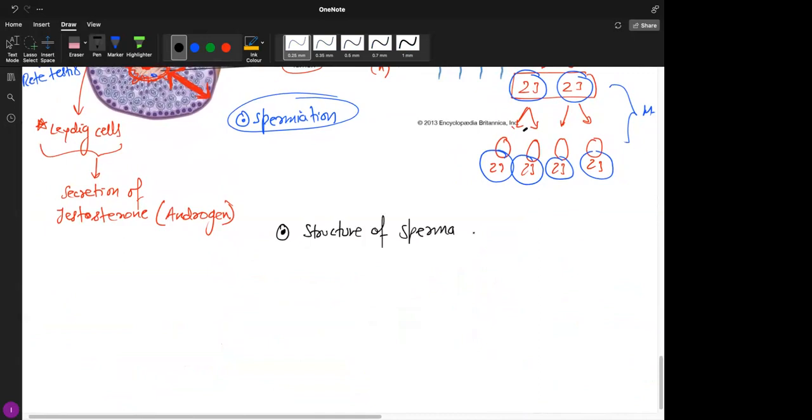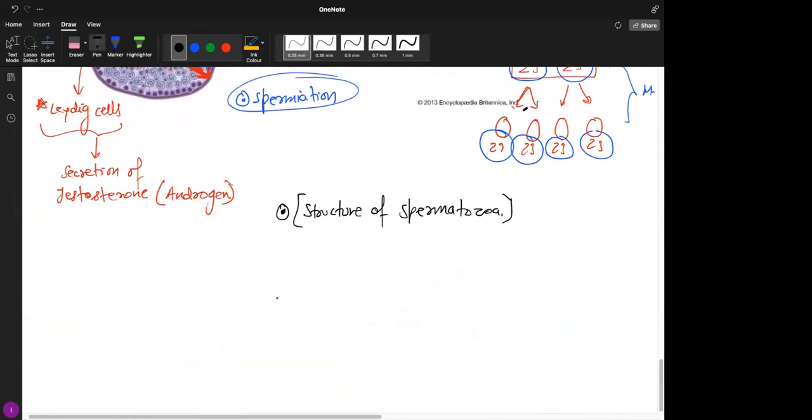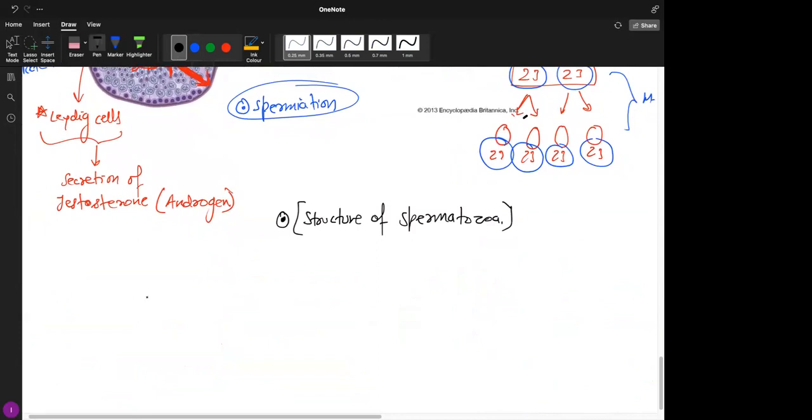Structure of spermatozoa. So the sperm has a head part. It has a neck part, and then it has a tail part.